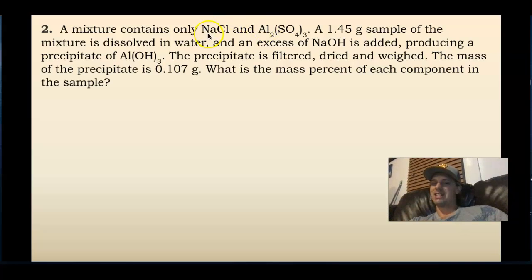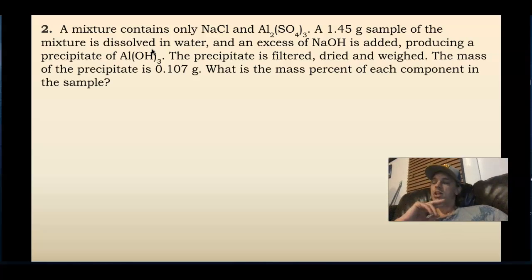Did sodium chloride take any part in producing aluminum hydroxide? The answer? No. There's no sodium, there's no chlorine. Sodium chloride didn't do anything, so I can ignore it for now. But aluminum appears to have. Aluminum must have reacted with hydroxide to produce this new compound, aluminum hydroxide.